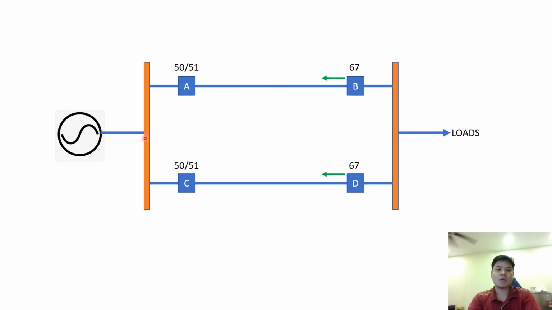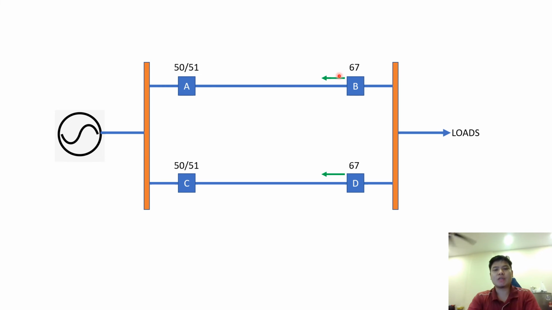At the same time, current is flowing from this end towards the fault point as well. As you can see, 67 or the directional overcurrent will basically keep idle even though fault current is flowing through them. But 50, the typical normal overcurrent relay, will always pick up when it senses the fault current depending on the setting, and will trip after a certain delay or instantaneously.